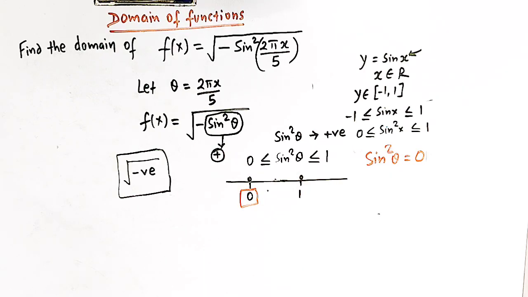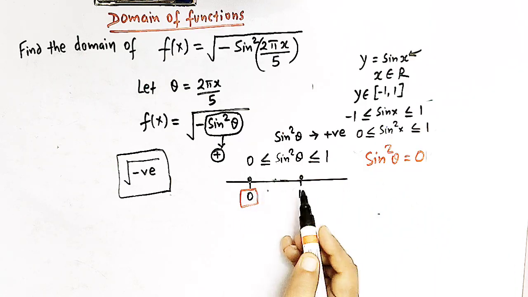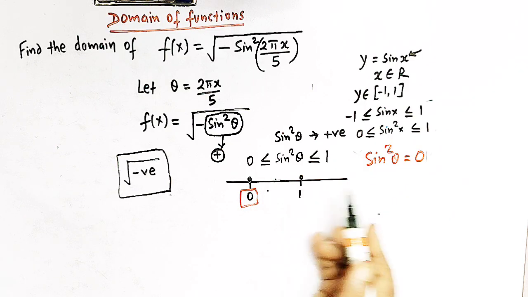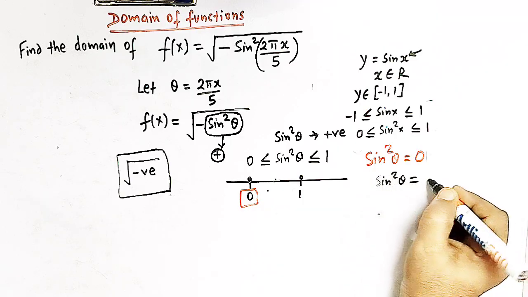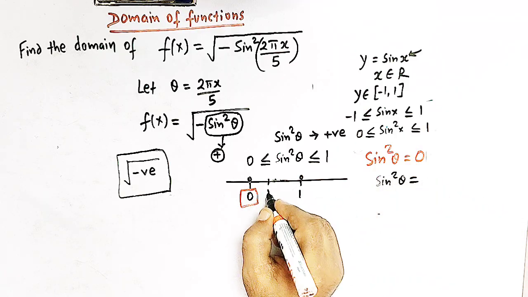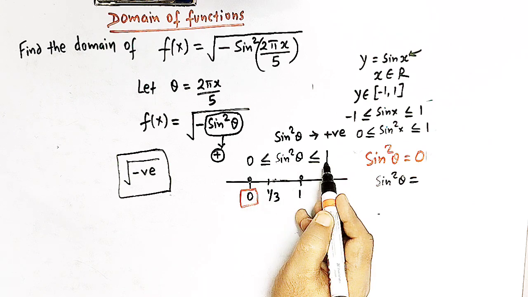So now, for example, if we take any number between 0 and 1 equal to sine square theta, suppose we take 1 over 3, so sine square theta lies between 0 and 1.